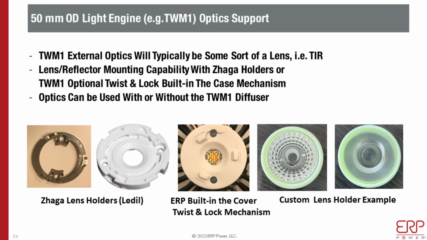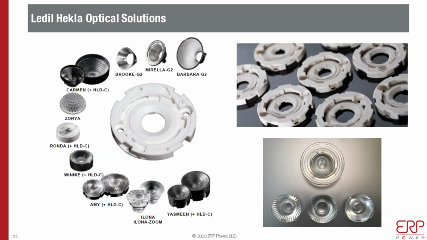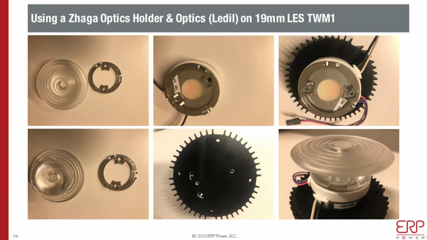The other optical support parameters: you can use for TWM1, which is Zhaga compliant, the existing holders that are available from various manufacturers. So this one is little Hekla. Hundreds of optics you can put on it. And this is one example. This is a Zhaga compliant holder that we use from one of our customers with their own lens.